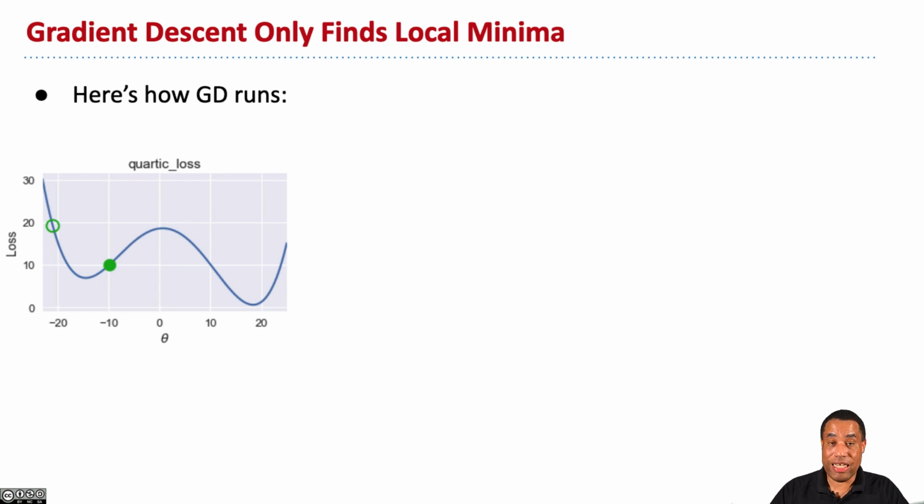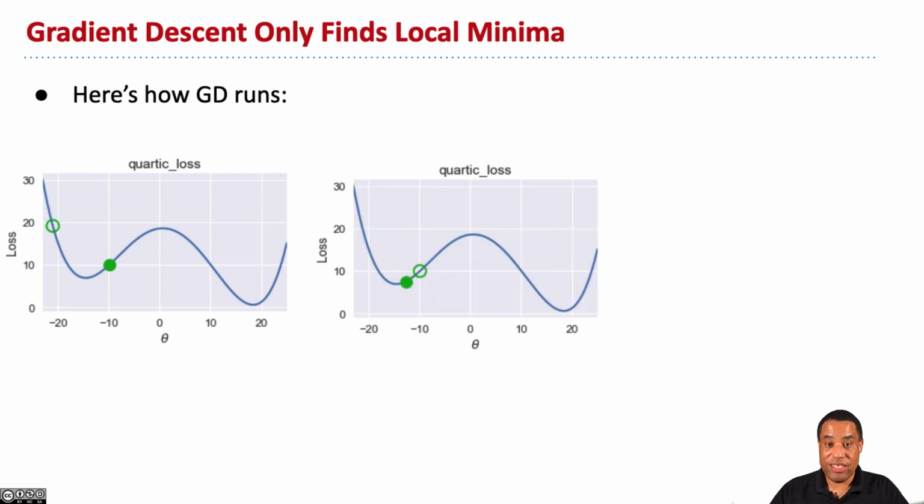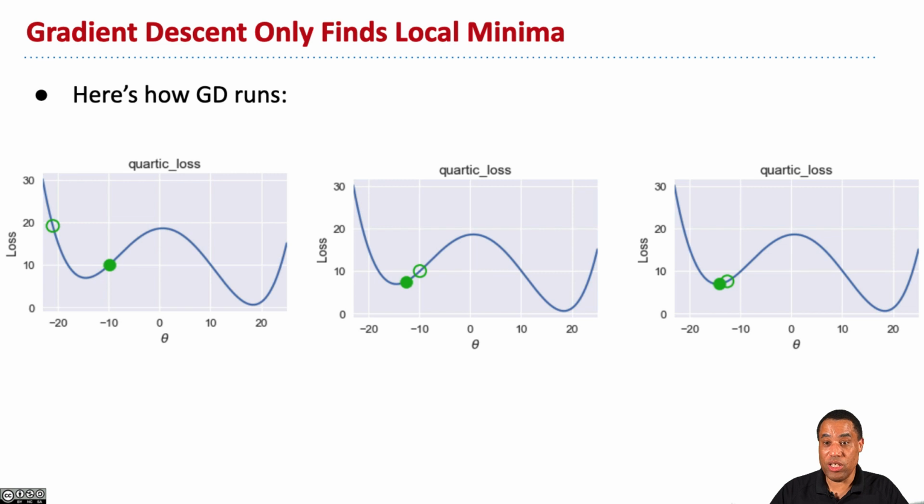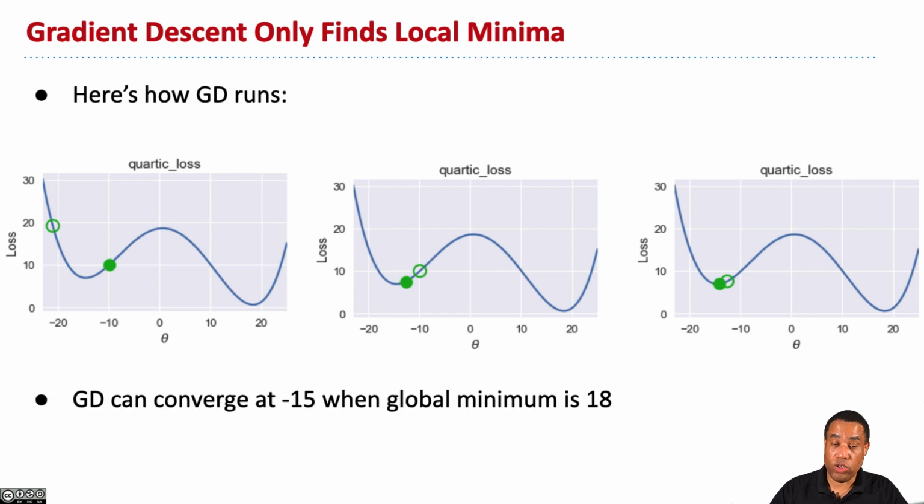So we might select our next point to be on the other side of this local minimum, depending on our learning rate, and then our next point will be pretty close. And then similarly, our next point ends up finding this local minimum. And so we converge on a local minima of negative 15 when the true global minimum is 18.